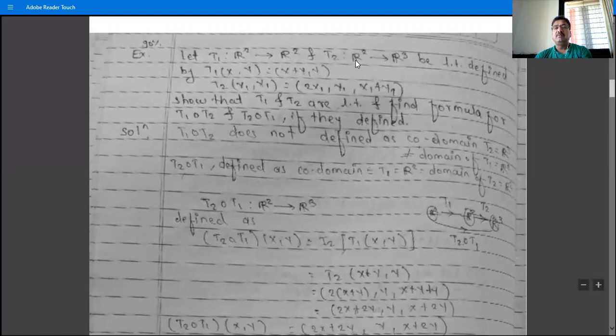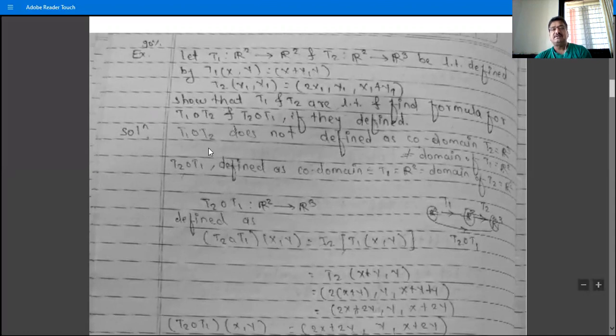So the image of an element of R square is again an element of R cube, that is a three-tuple. We have to show that T1 and T2 are linear transformations, and find the formulae for T1 circle T2 and T2 circle T1 if they are defined. And we know that T2 circle T1 is defined, but T1 circle T2 is not defined.